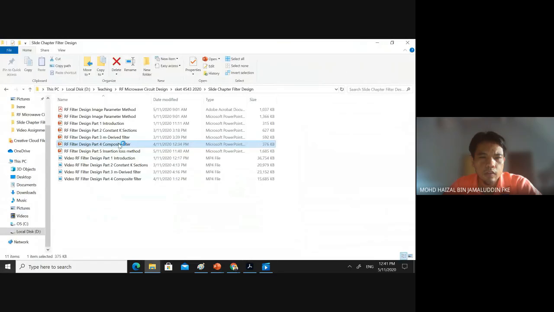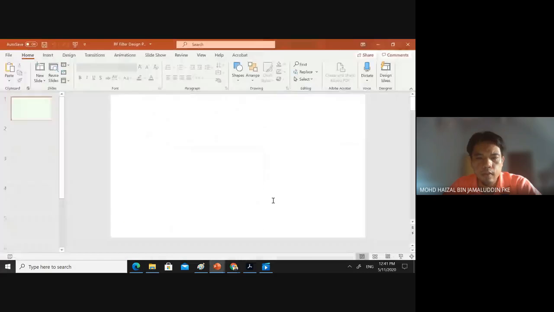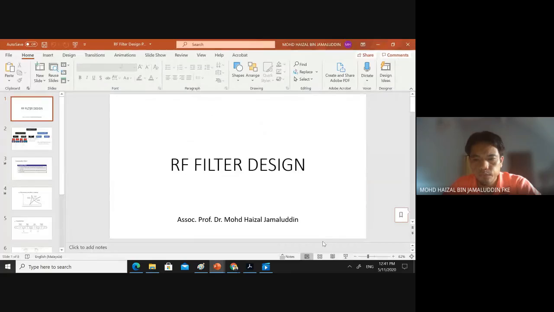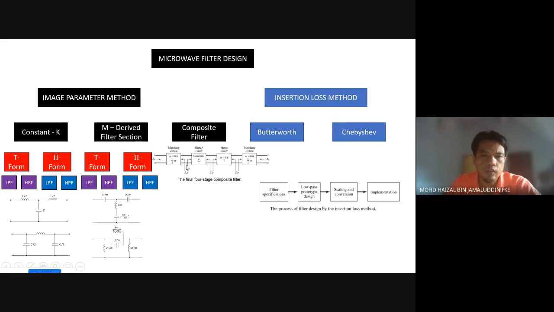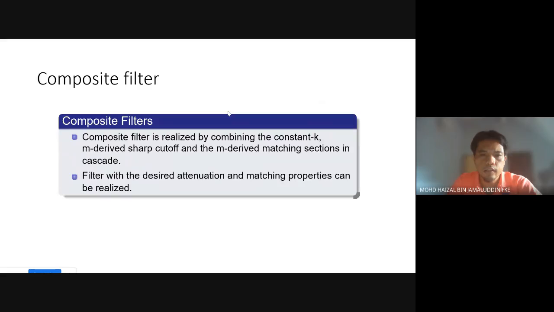the composite filter. So we have this composite filter. The composite filter is to improve on the constant K section and m-derived section by combining both techniques.